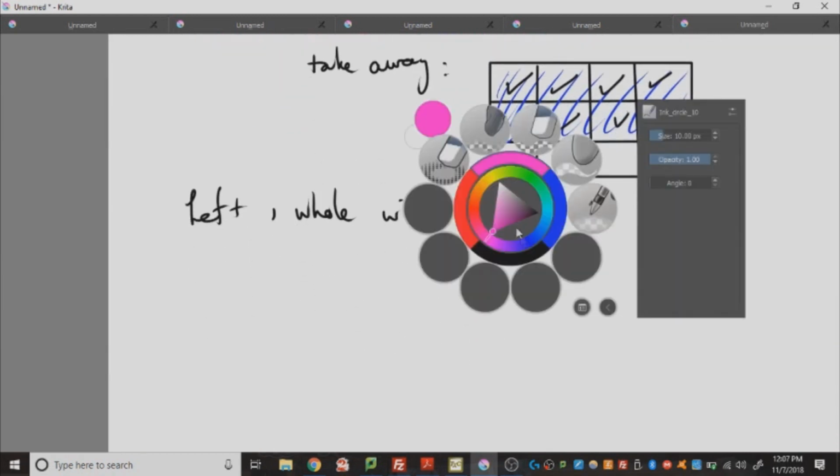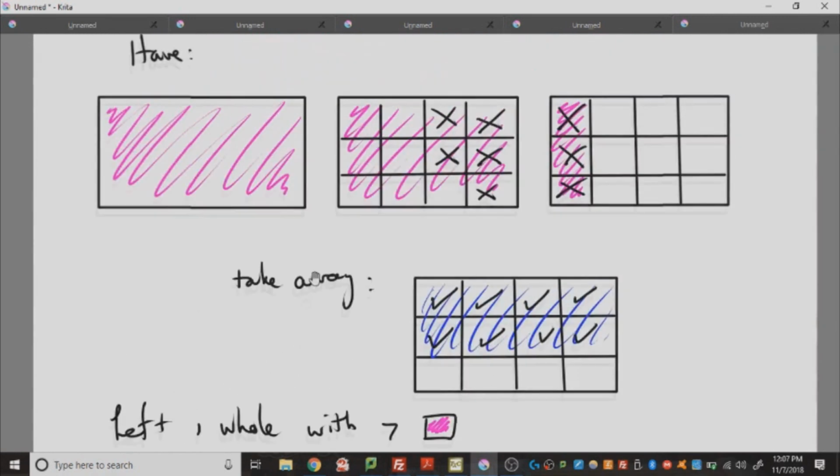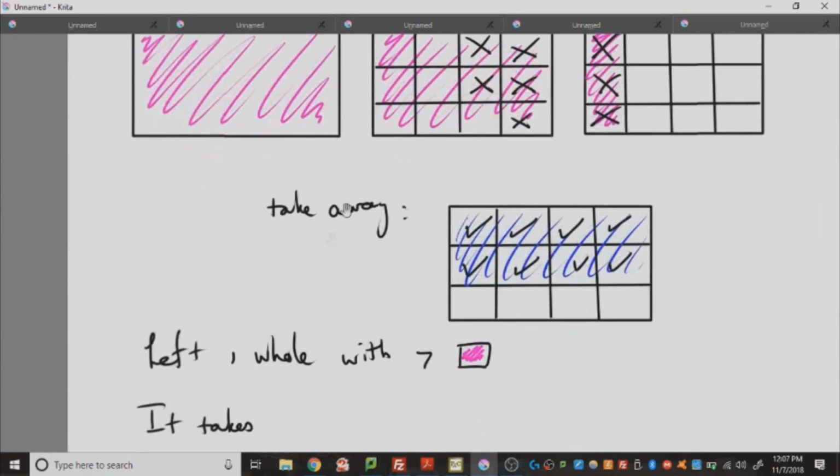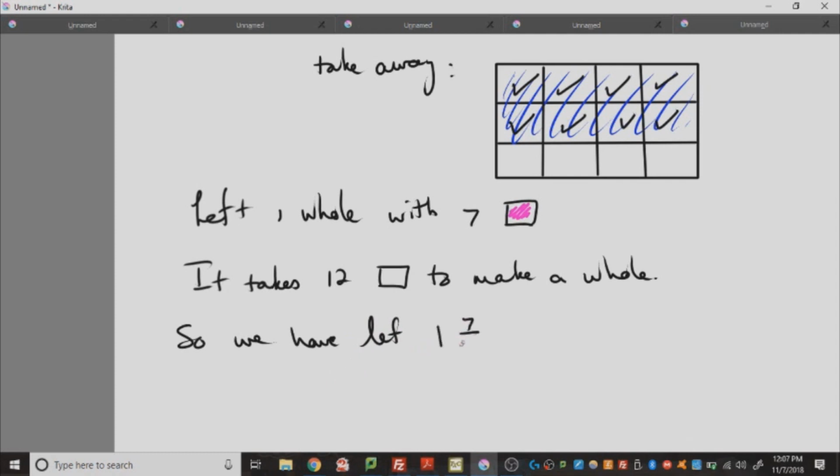Then we say, well, it takes 12 pieces to make a whole rectangle, a whole loaf of bread. So we have left 1 7/12.